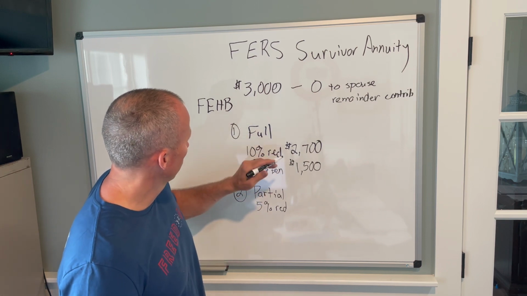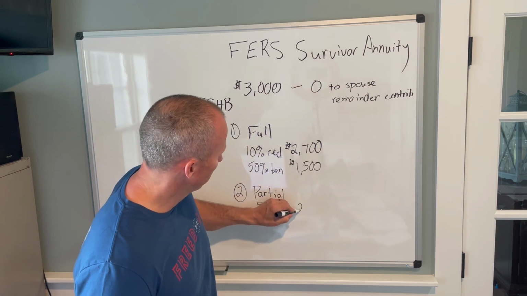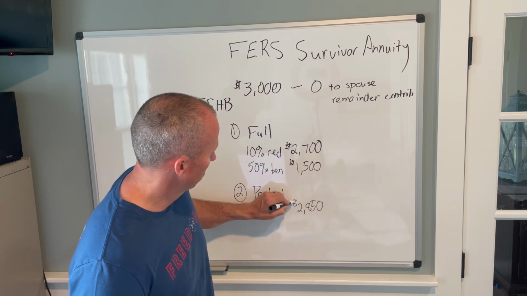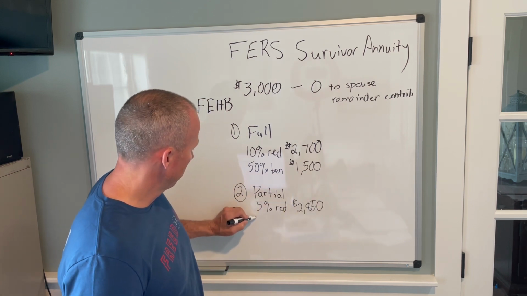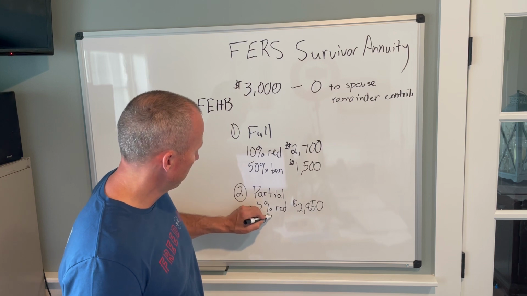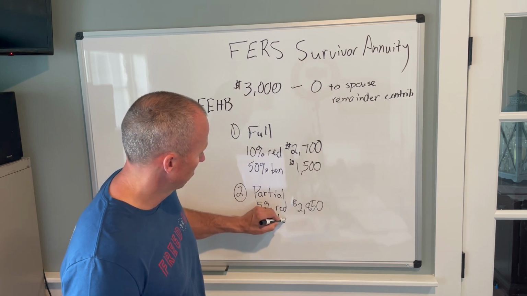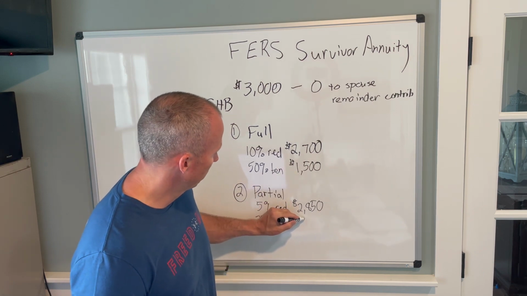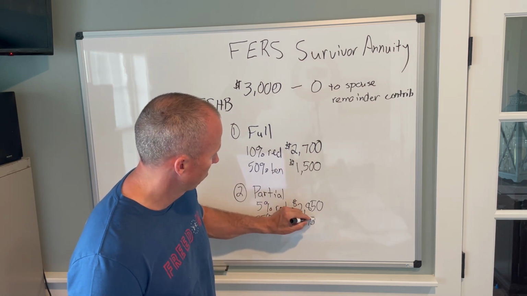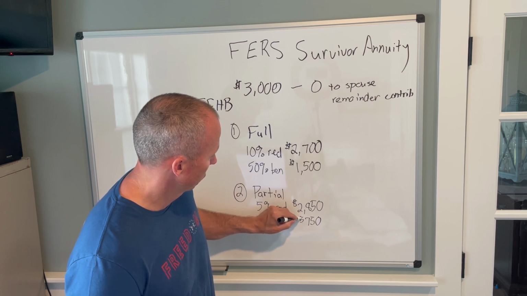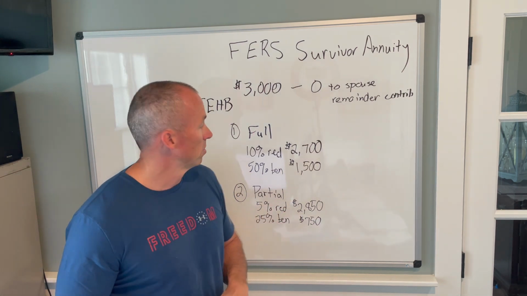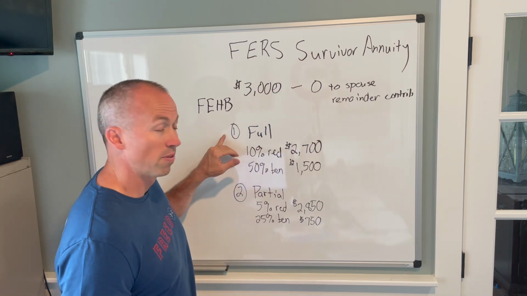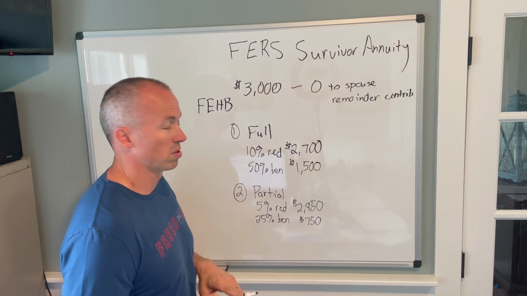In other words, $2,850 is what you would get, and the spouse would get a 25% benefit, so $750 a month. Okay, so 3 options: none, full survivor annuity, partial survivor annuity.